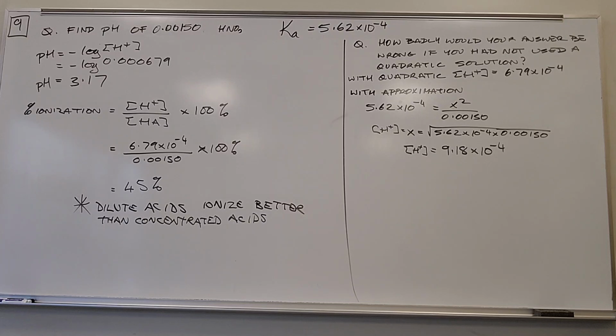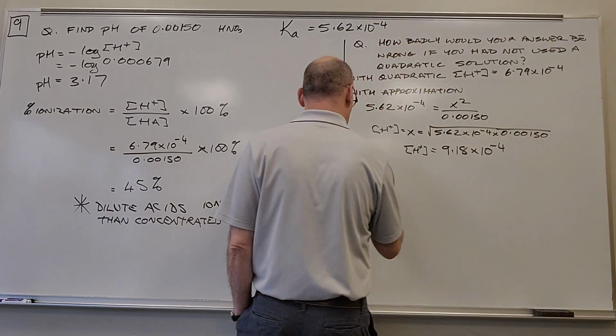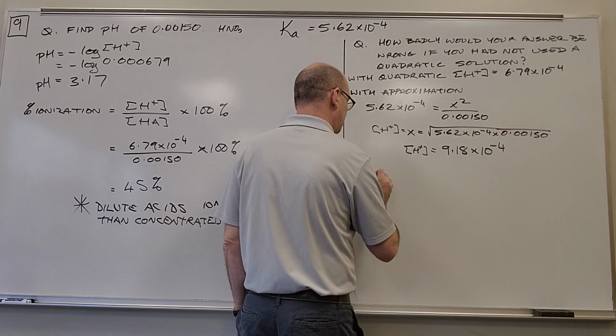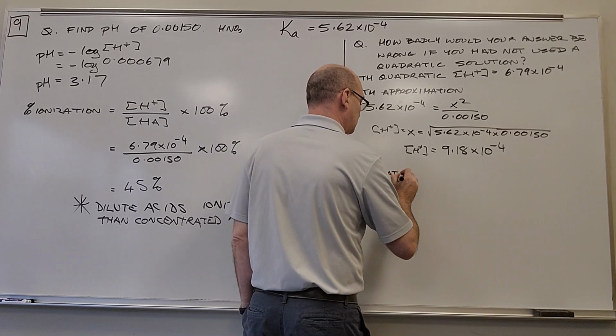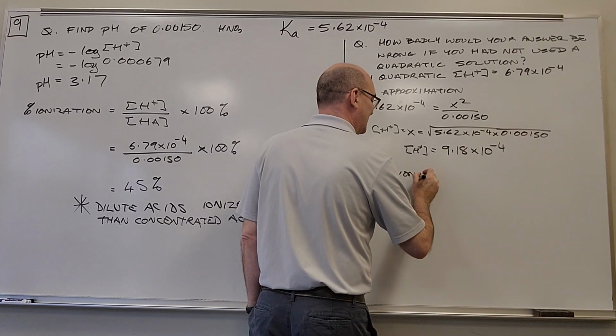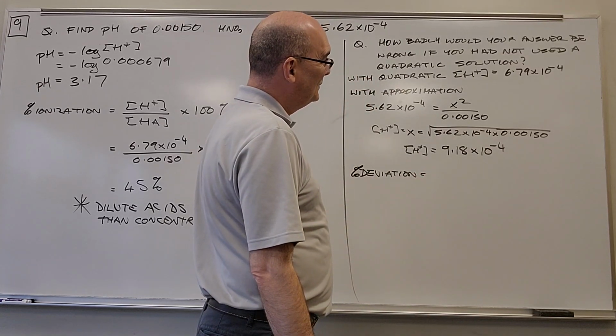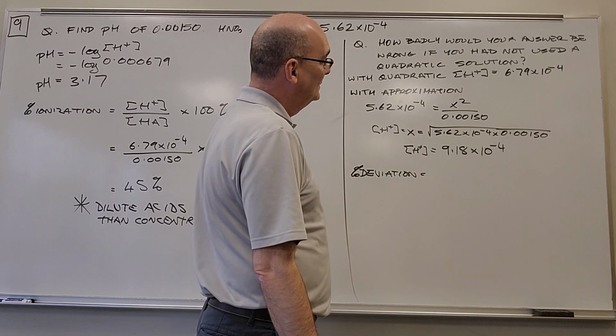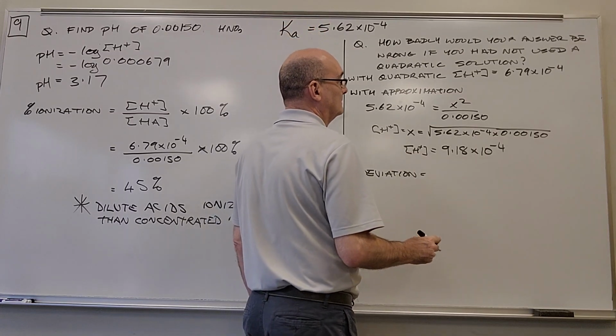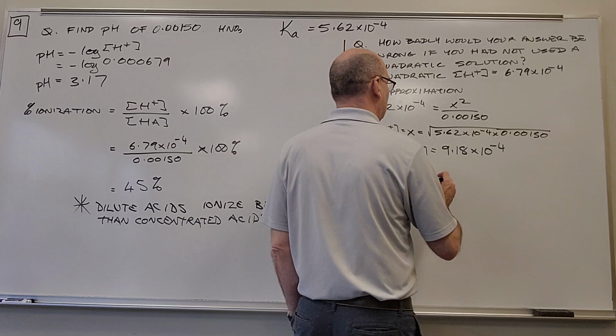You put one number over the other number and divide them and multiply by 100. Is it really? No. Wait, 6.79 over 9. Oh, I did the whole thing.